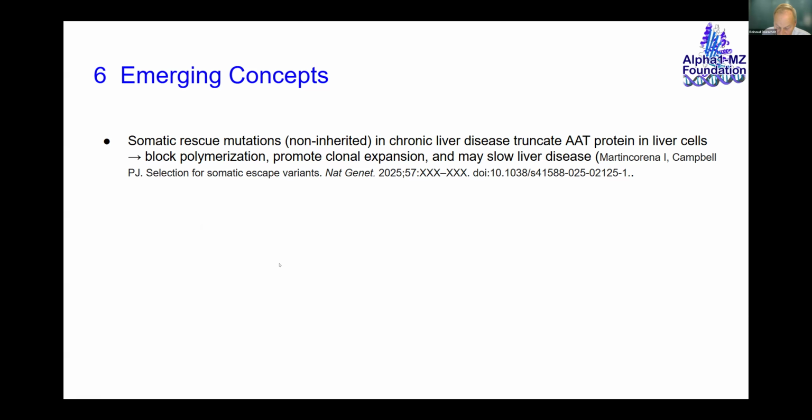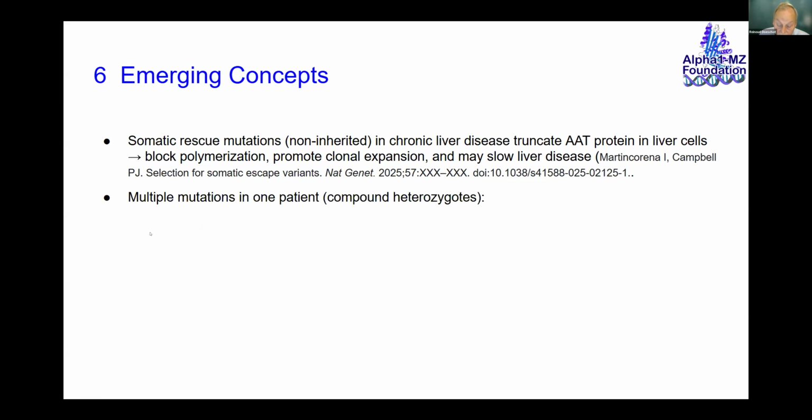These spontaneous changes in liver cells are called somatic rescue mutations and may offer natural protection. This shows that in alpha-1, the liver may adapt by developing special mutations that reduce harm. And it's a study by Martin Corina and Campbell.